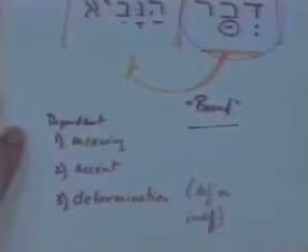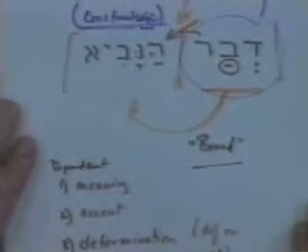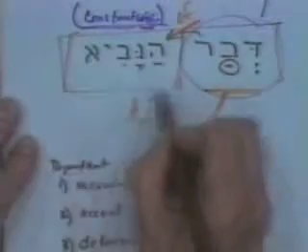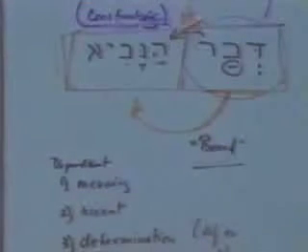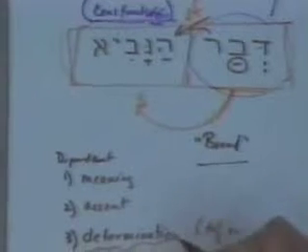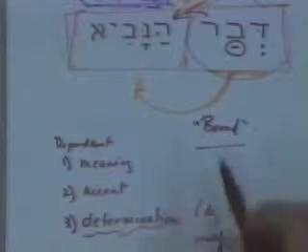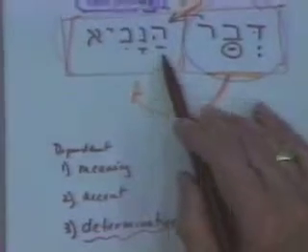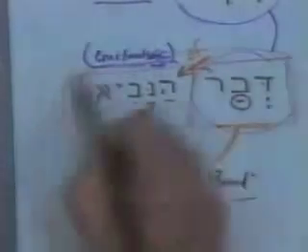The rule of thumb that you learn here is simply this. In one of these construct chains, remember that I was looking at a construction of nouns, it is the last noun that determines the entire construction. And if the final noun is definite, then the whole construct chain is definite.